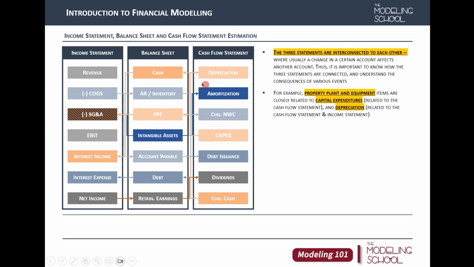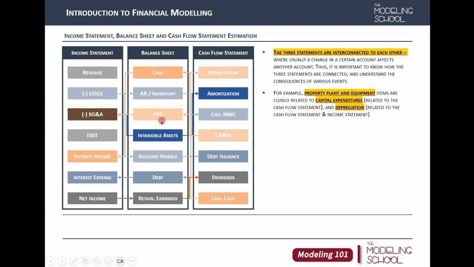And as you all probably already know, these 3 statements are always interconnected, very complicated. So usually a change in a certain account is going to affect another account in a different statement. So it is very important to know how they are connected and understand the consequences of various events.